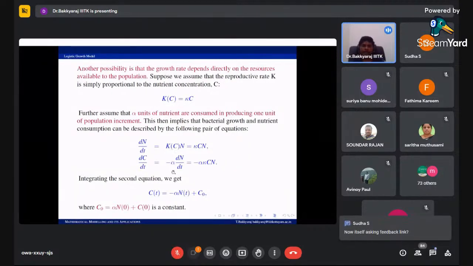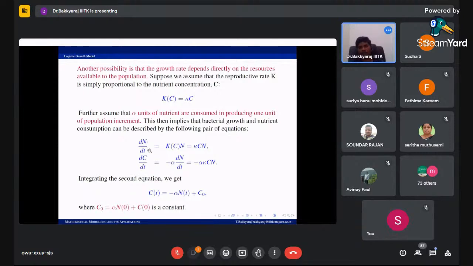Therefore, the change of food concentration with respect to time follows from dN/dt, the rate of change of population, which is increasing. So it is alpha times that, and I put a negative sign because the food concentration will decay as dN/dt increases.